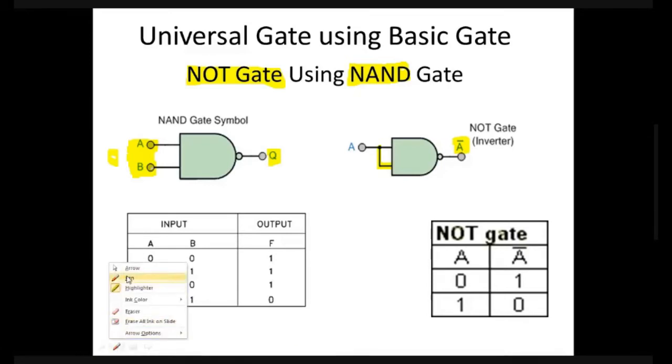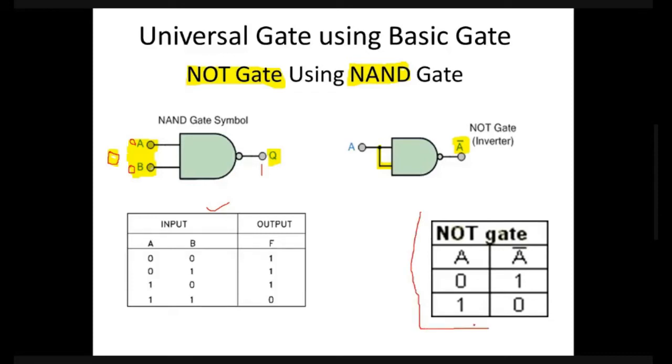I will take the pen. Suppose I give the input 0 here; this 0 goes to input A and input B also is 0. Then 0 NAND 0, what is the output? The output is 1. This is the NAND truth table.